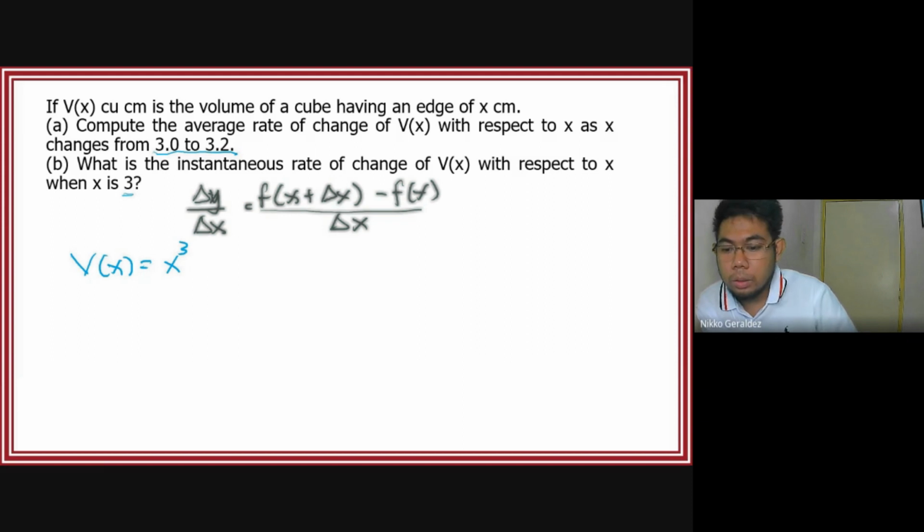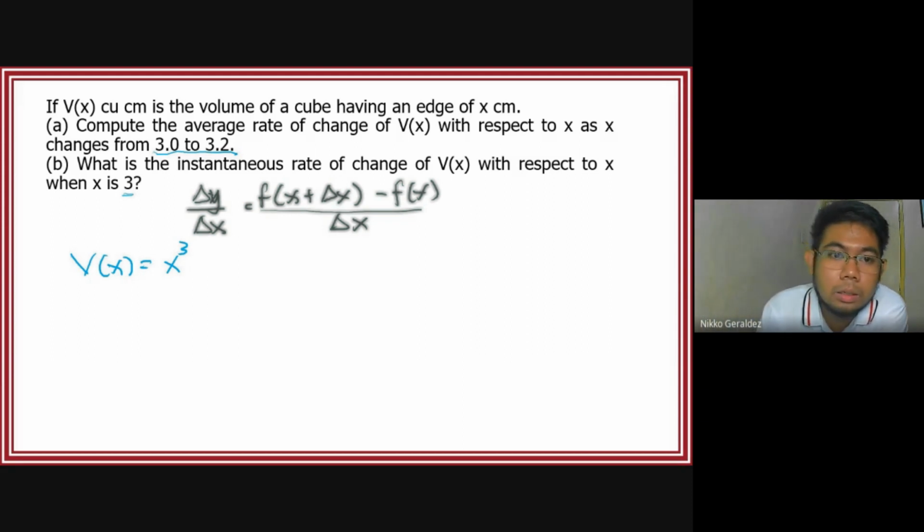So, solve natin. So, ang dependent variable natin is v, yung volume. Independent yung x, yung edge. So, kaya, pag kinuha natin average rate of change, so that is delta v over delta x.